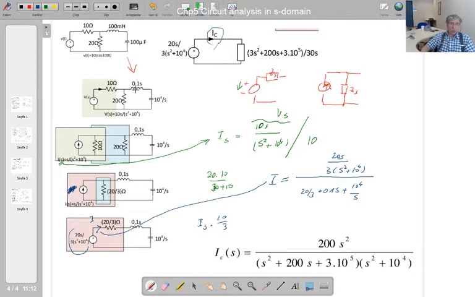So this inductor and capacitor, those two are common in the original circuit and my final circuit. The others are not common, isn't it? For example, these elements are not seen here, and those two are not seen in the original. But these two are seen in both of them.